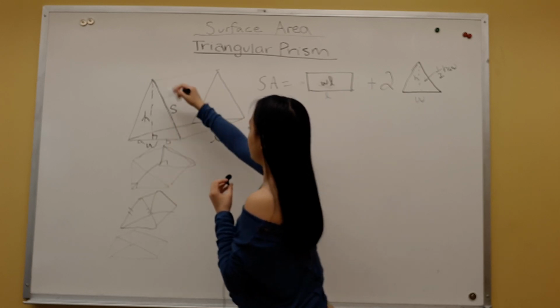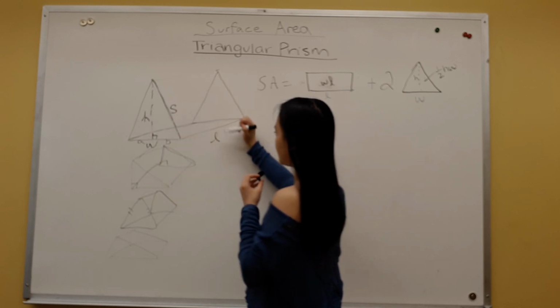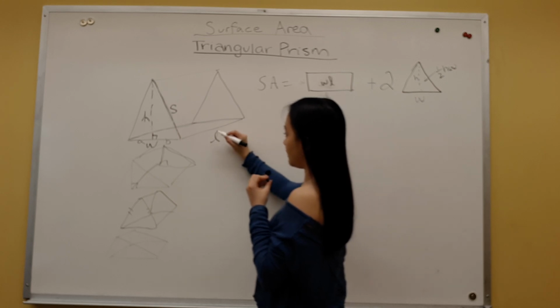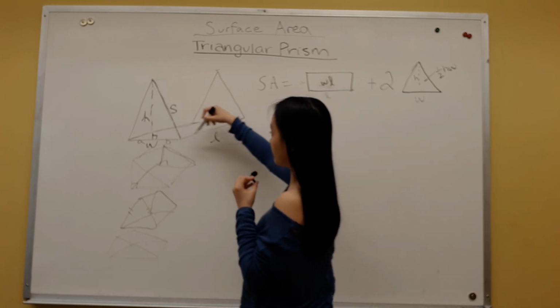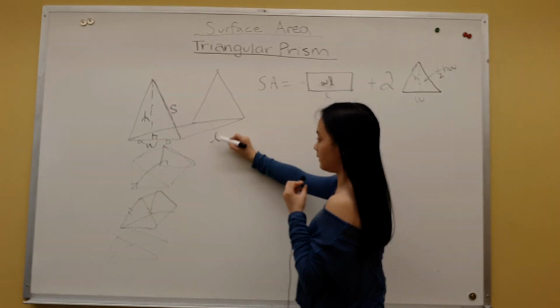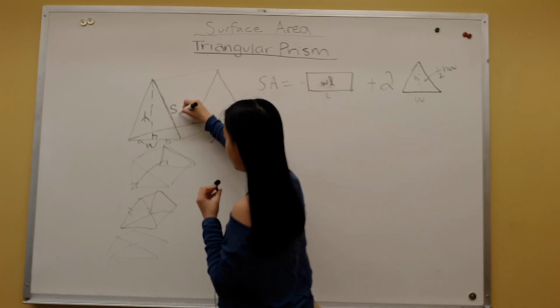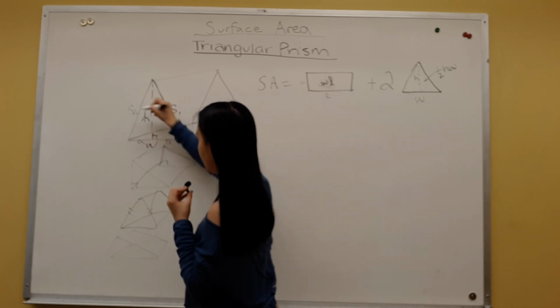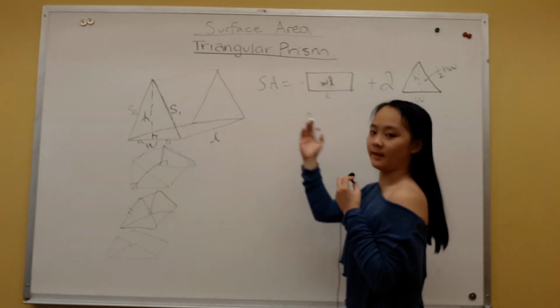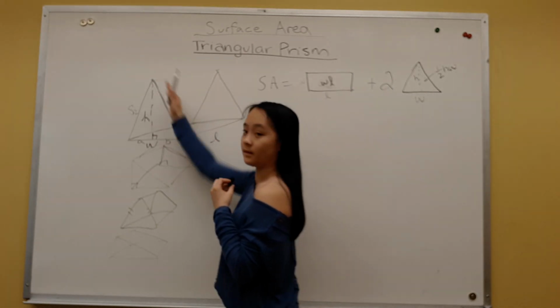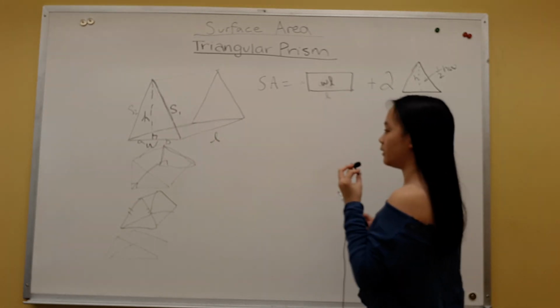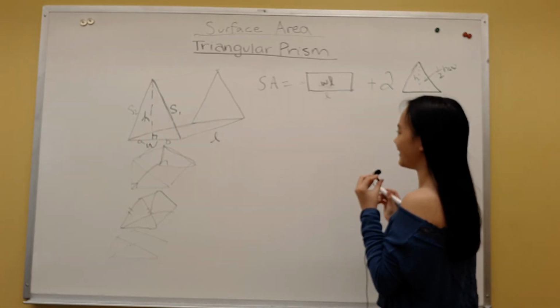Looking at this face right here, you'll notice that right away you could say that the surface area of this face is length times this slant right here. Let's label it slant 1. This is slant 2. We're calling it slant because with a triangle, of course, it's slanted. So let's analyze slant 1 first.